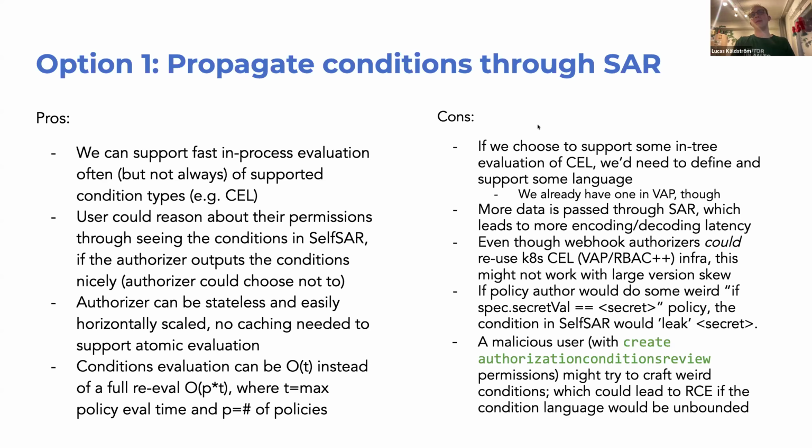But then on the con side, these are also in the KEP, but just for summarization, as Mo was pushing back on, if we do support something in-tree for evaluation, we'd need to define and support some language. Of course, we already have CEL and it would be similar. More data would be passed through SubjectAccessReview, which could lead to slightly increased encoding and decoding of those.